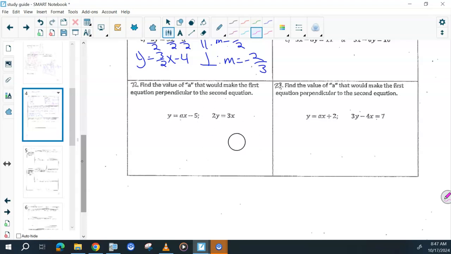It's almost already in slope-intercept form. We just have to get y by itself. So divide everything by 2. Okay, what would the perpendicular slope to this be? Negative 2/3. So that would be your A value.